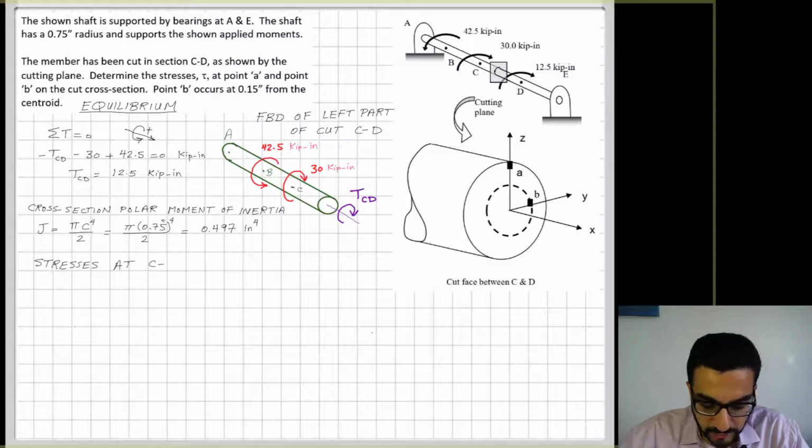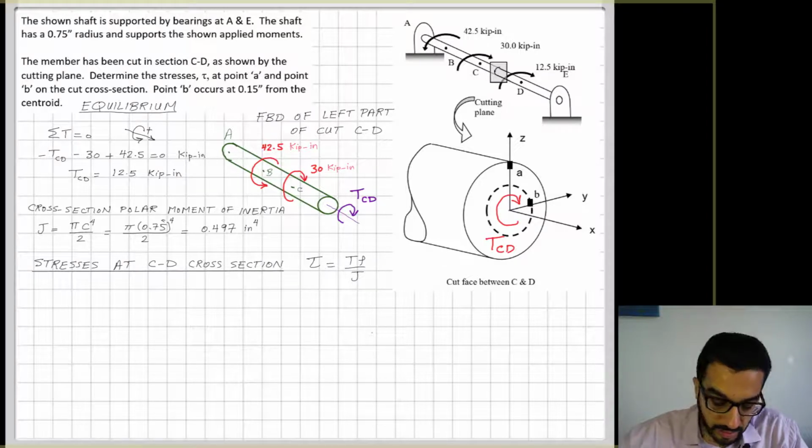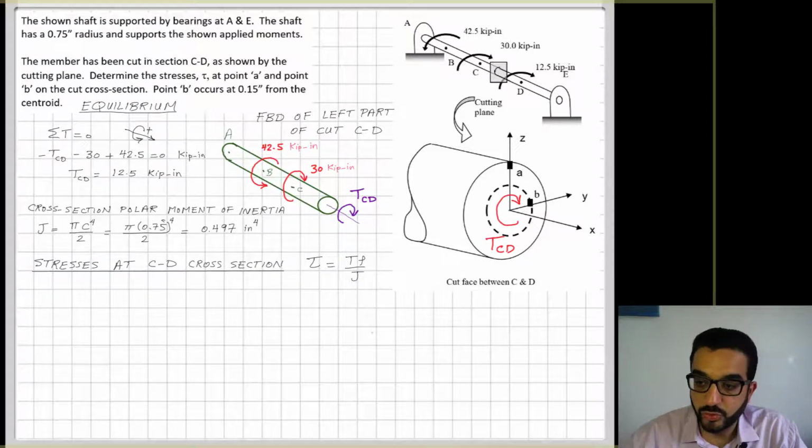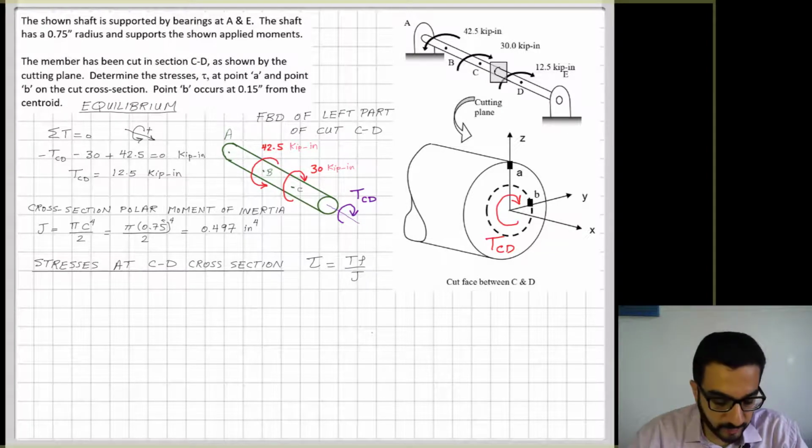We need now to see what are the stresses at this section CD, and using the formula here for the torque, T rho over J. That's the general formula for the shear stress from torque.